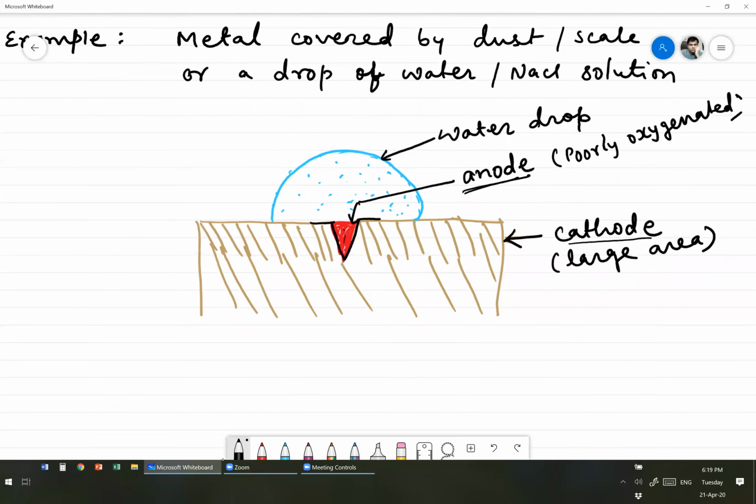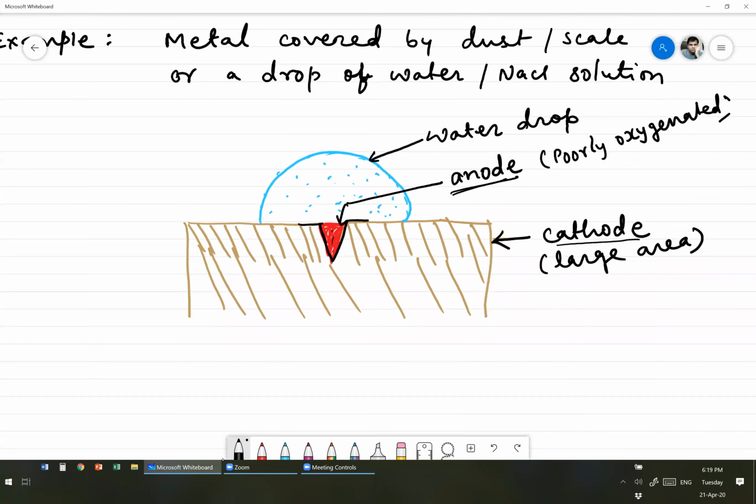So what we are trying to say here, we have taken the example of a water drop resting on the iron metal surface, and the area underneath the water drop acts as anode because it is poorly oxygenated, and the remaining surface of metal acts as cathode, which is well aerated. In the given example, the area of cathode is very high in comparison to the anodic area. As we have discussed, at cathode a reduction reaction takes place, and in this reduction reaction electrons are consumed.